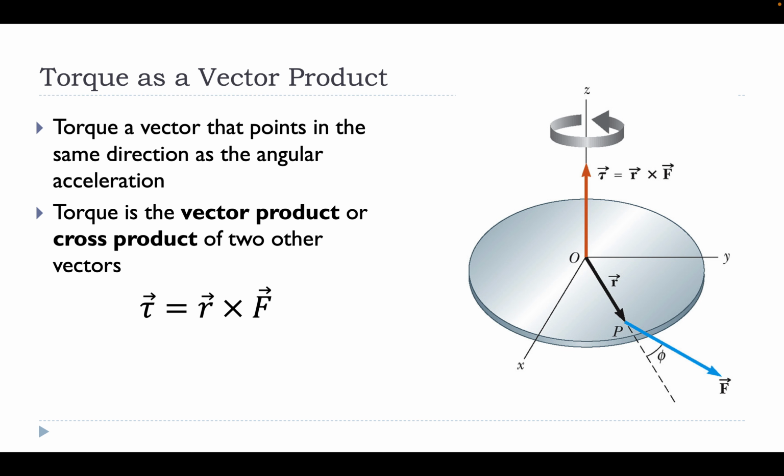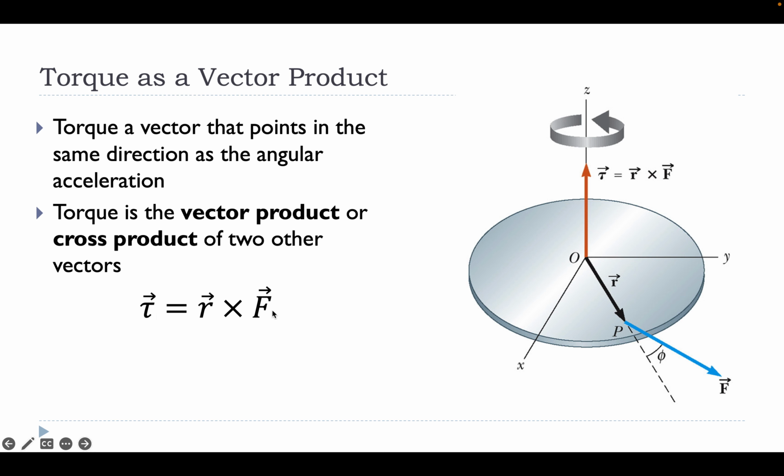That torque is a vector quantity, so when I multiply the vectors in this way, I get a new vector. We're going to define what the cross product is, just in general terms, and then we can come back and talk about this a little bit later.